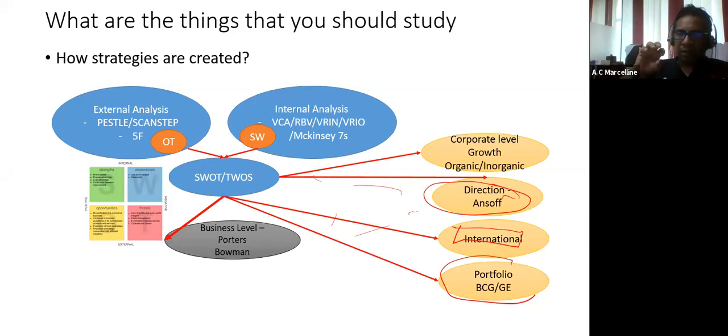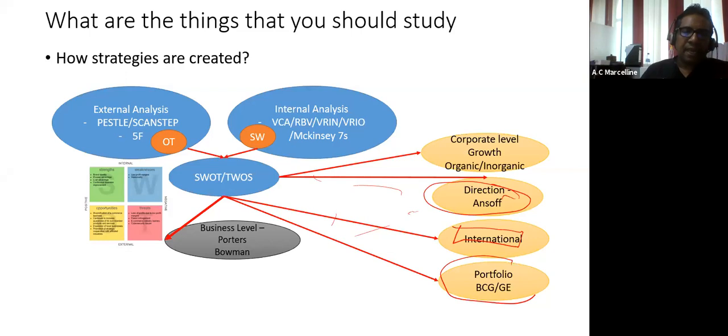Also the direction, which direction we are going to take, comes mostly from the corporate area. Expansion into international markets also comes from the corporate area, plus the type of portfolio you are going to hold is also decided by the corporate.